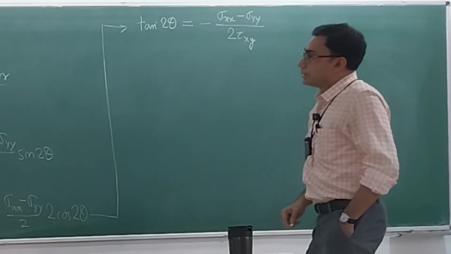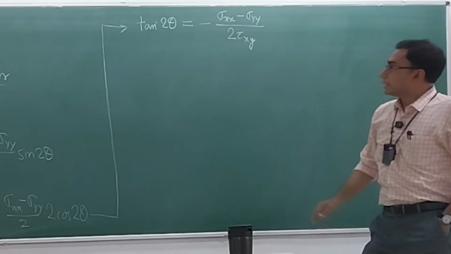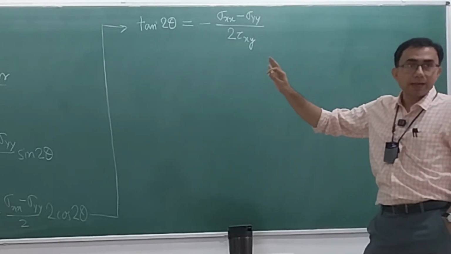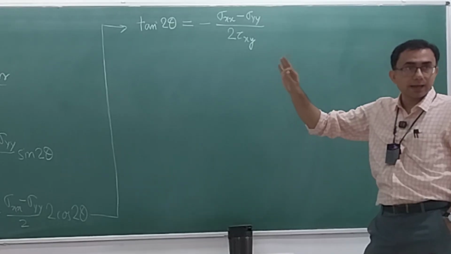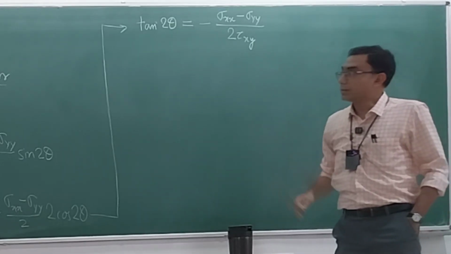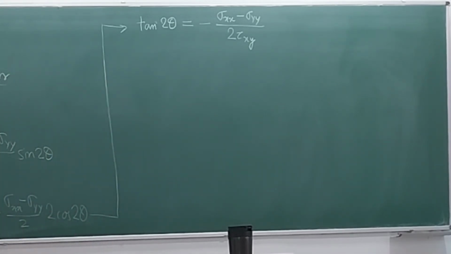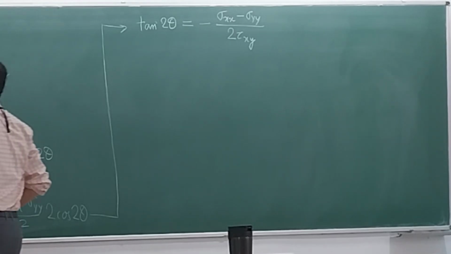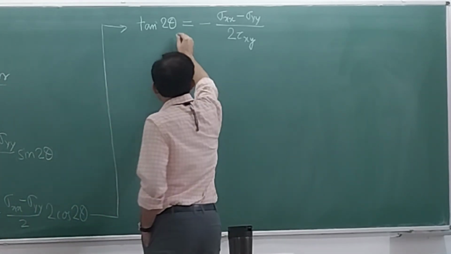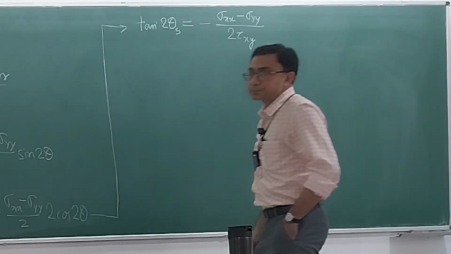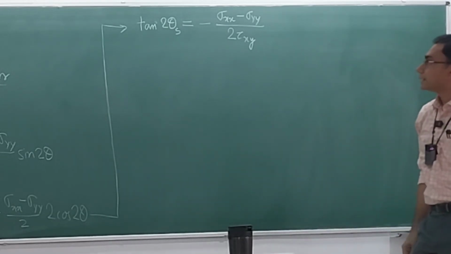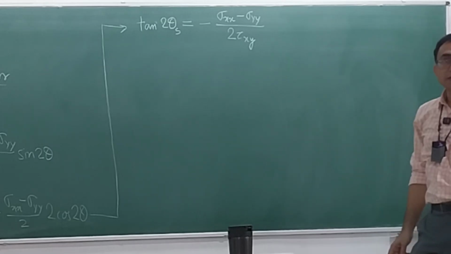So in order to distinguish between the angles which correspond to the maximum shear stress versus the angles which correspond to the maximum normal stresses, we will use the subscript as before for this principal stress P and for the shear stress S. Okay. Now can you observe something very interesting?